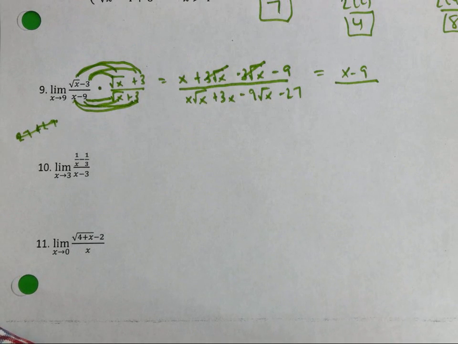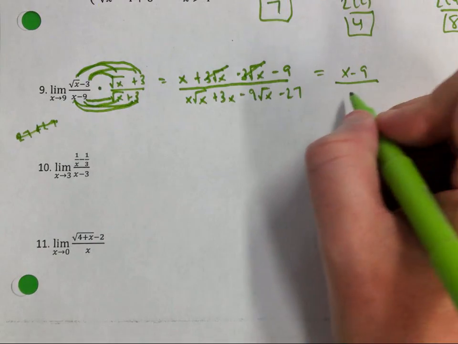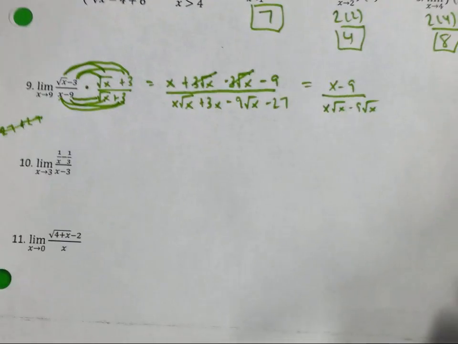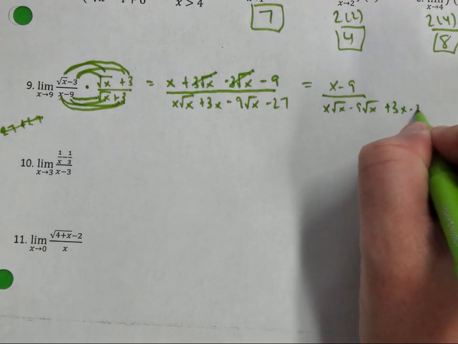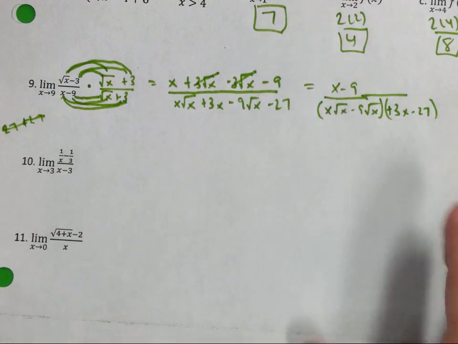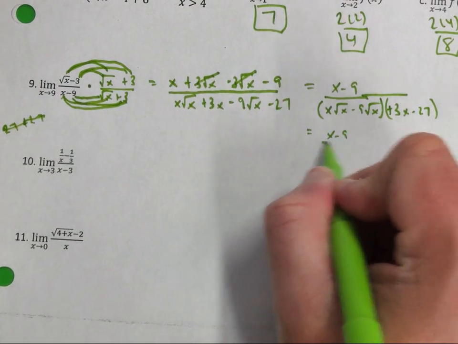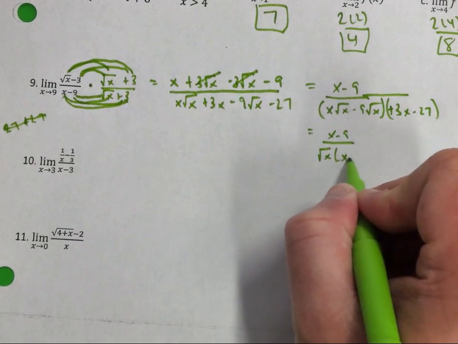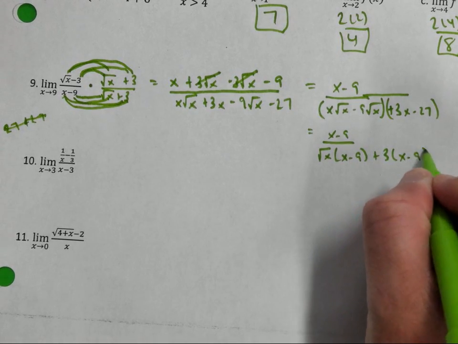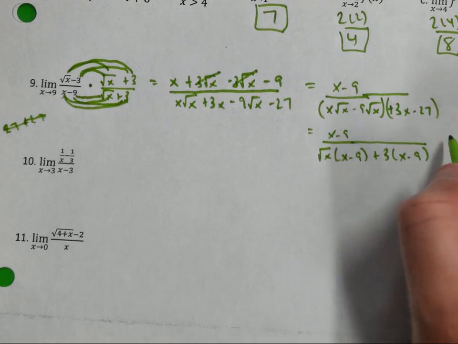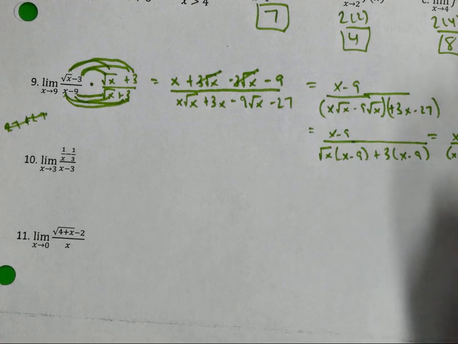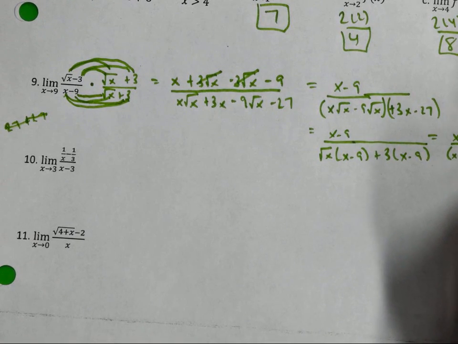You can do that, can't you? Sure. Yes, you can. So now I'm going to group. What can I take out of this first parentheses? Then I can take a what out over here? So I'm left with x minus 9 over x minus 9 and square root of x plus 3.